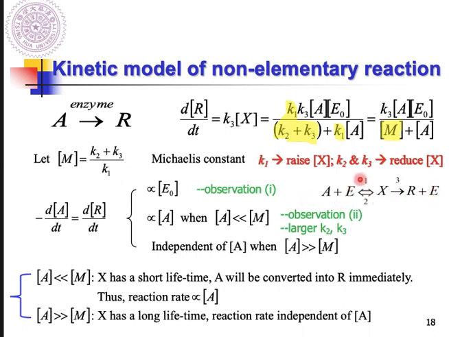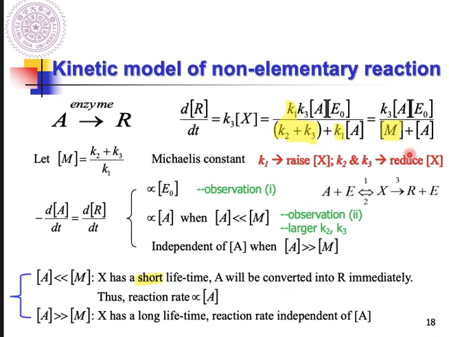Even if I generate some X, because k2 and k3 are quite large, X will immediately convert to R plus E or convert to A plus E. So we have no chance to visualize X. X has a short lifetime, because it will directly convert to either R or A.